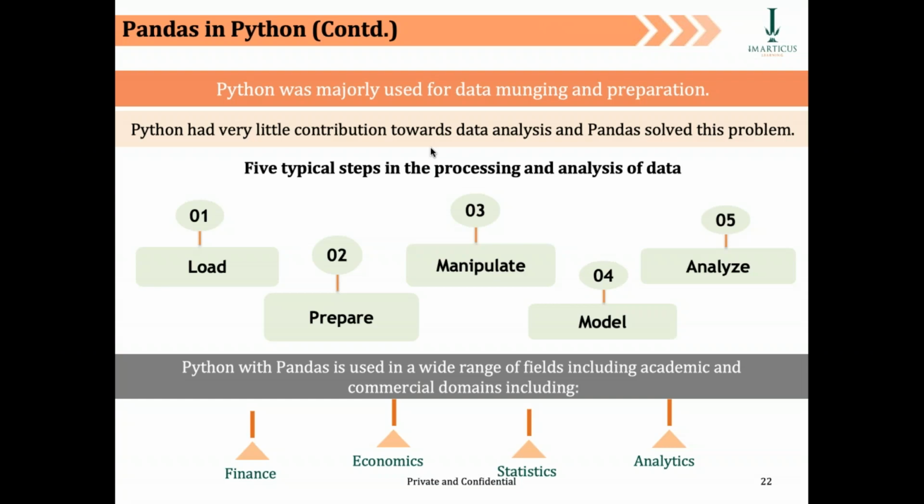It can load any type of data: CSV, Excel, SQL. Then we can use it for data preparation purposes. After data preparation, next comes data manipulation. We can then do modeling, and for some of the modeling we are going to use another package, sklearn, but you can do some basic functions in pandas also.